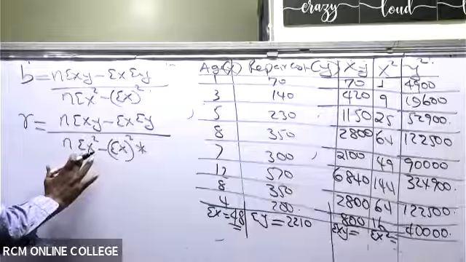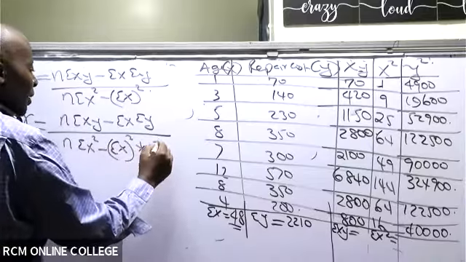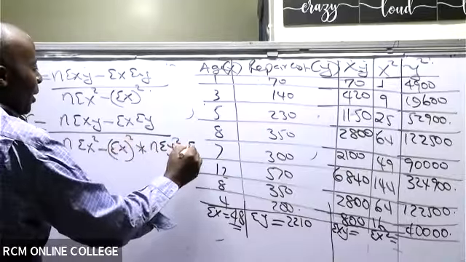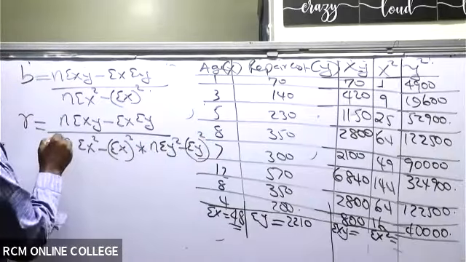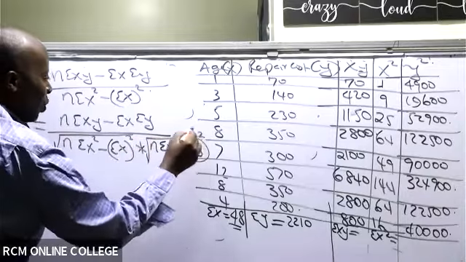So it becomes n summations of y squared minus sum of y squared. And then you put these under their respective square roots.